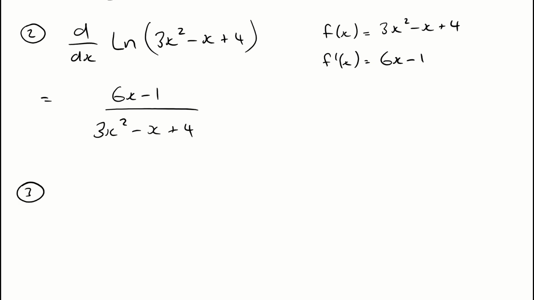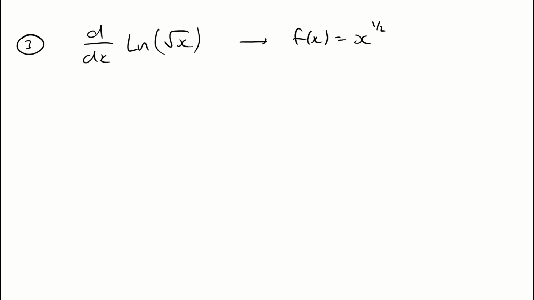Thirdly, let's say that we were asked to find what the derivative of the natural log of the square root of x was. Well, in this particular case, my f of x is equal to my square root of x, or just x to the power of a half. So my derivative of f of x would be a half times x to the power of negative a half, which is just 1 over 2 root x.